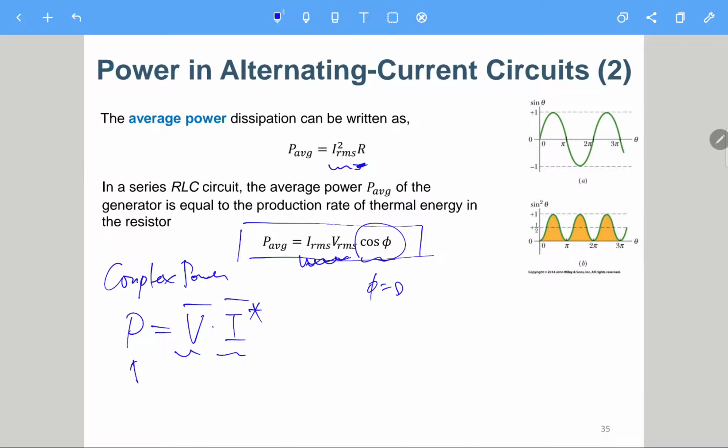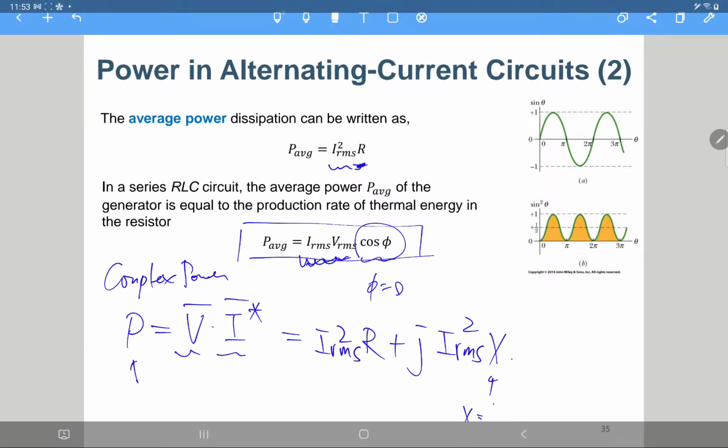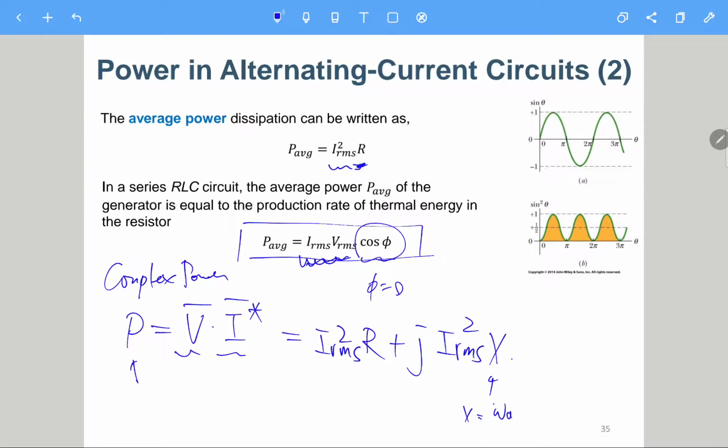Then it will look like I RMS square R plus J times I RMS square X. Here X will be like omega L minus 1 over omega C, something like this. So this is the imaginary power, which is some power stored in the inductor or the capacitor.